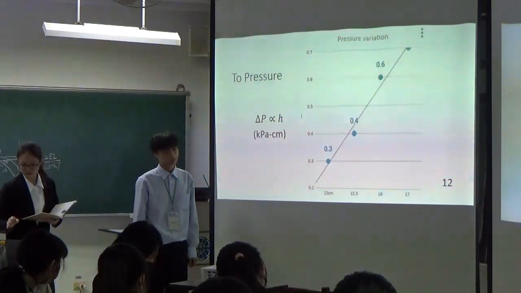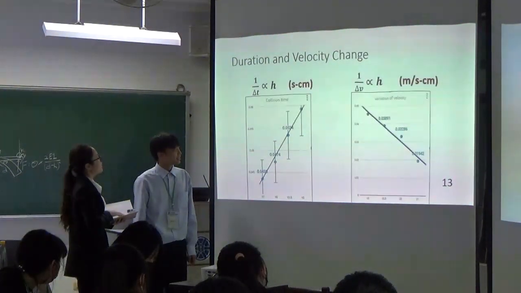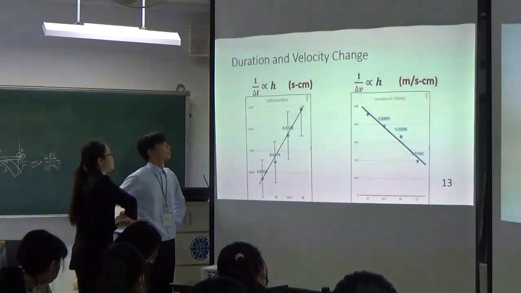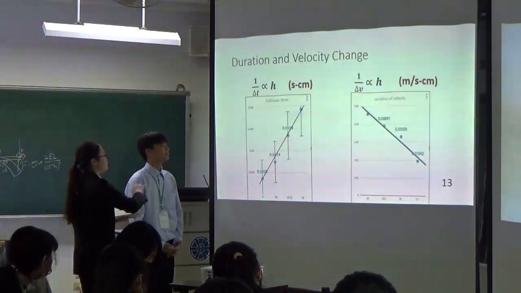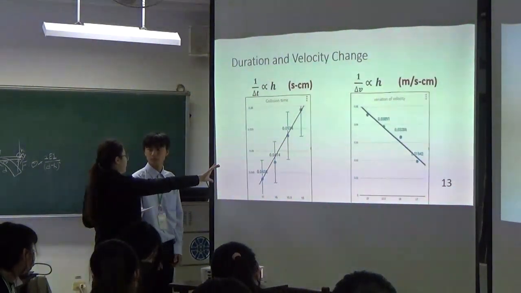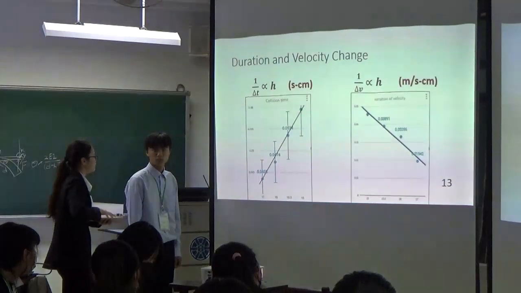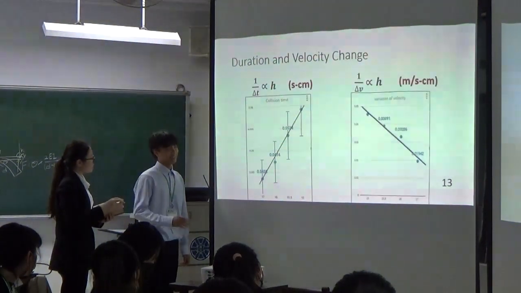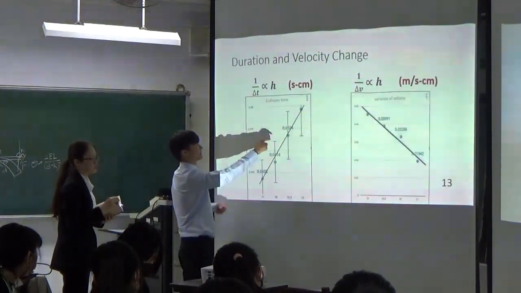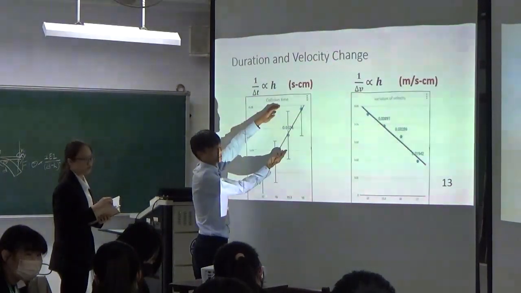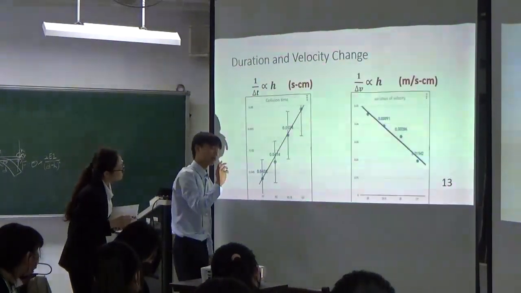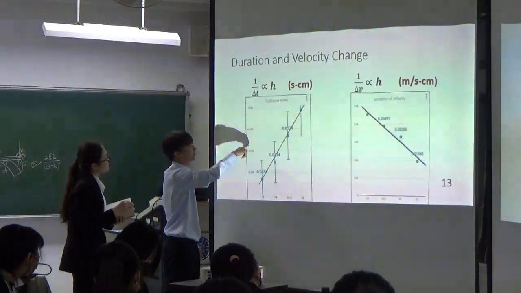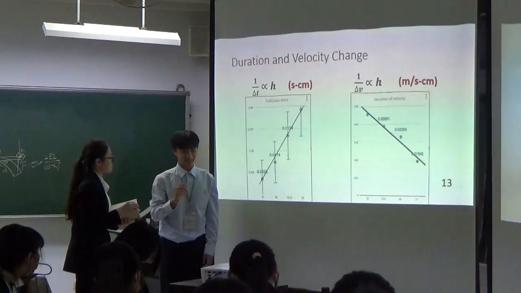Okay, next chart. I want to ask about this: you can see that the error bar at every data point is really big. Can you explain why? I don't think it is really big, because it is only about 10 milliseconds.